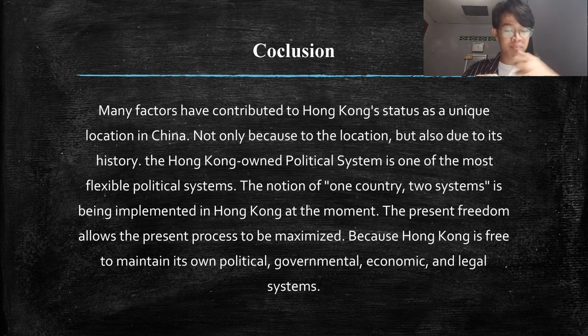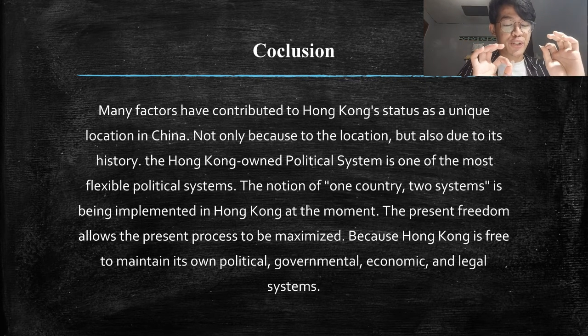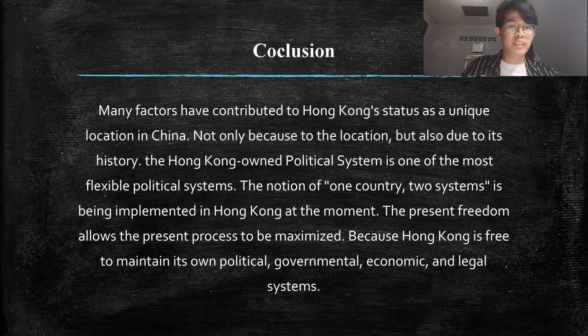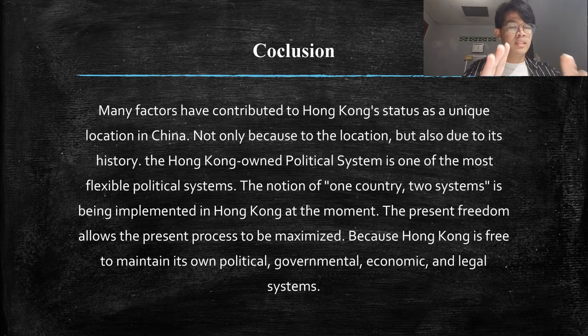So Hong Kong can improve the quality and quantity of many industries. They increase the import and export segment. Hong Kong became an international trade route. They can cover China or the countries next to China.